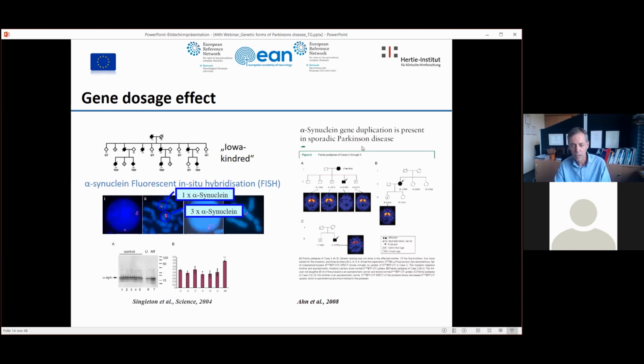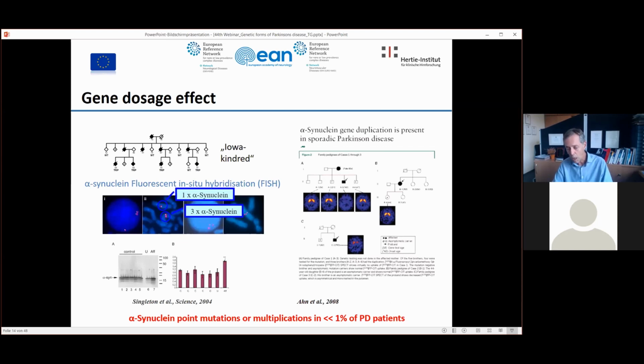And a little later, it was discovered that gene duplications also cause Parkinson's disease. So for this gene, we now have the situation, which is very clear. Both mutations that increase the propensity of the protein to aggregate and overexpression cause Parkinson's disease by aggregation of the alpha-synuclein in so-called Lewy bodies.